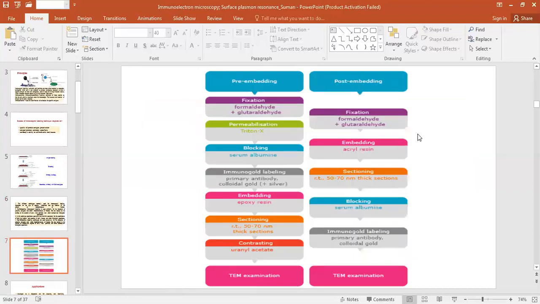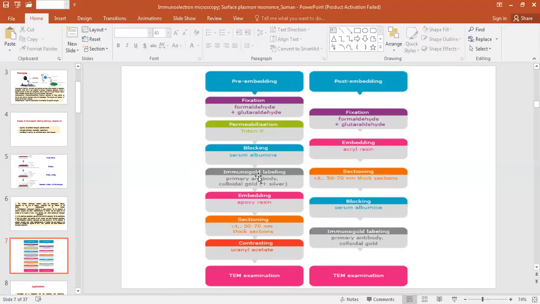So here you can see that this is the pre-embedding process. First we go for fixation using formaldehyde and butyraldehyde, or maybe one aldehyde. Then we go for permeabilization using Triton X-100, a detergent, and then we block the sample using serum albumin, BSA.